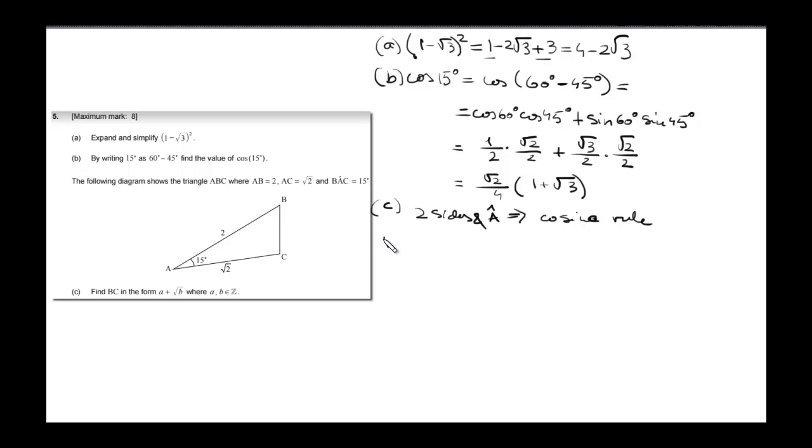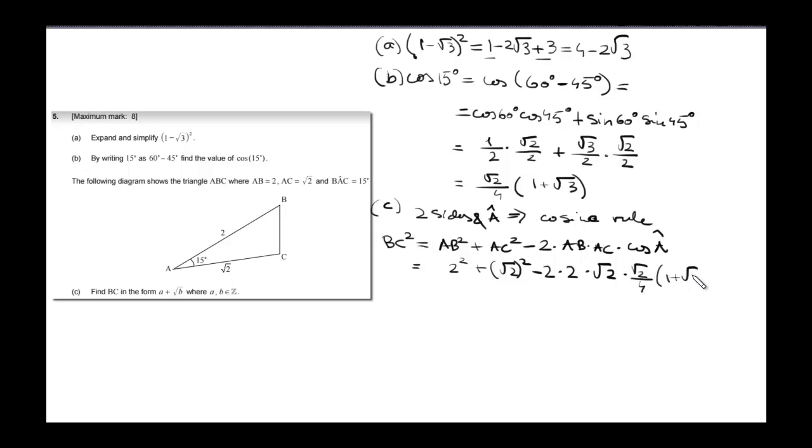The cosine rule says that BC squared, the third side, is equal to AB squared plus AC squared minus 2 times AB times AC times cosine of the angle A. So BC squared will be equal to 2 squared plus square root 2 squared minus 2 times 2 times square root 2 times cos of 15 degrees, which is square root 2 over 4 into 1 plus root 3.